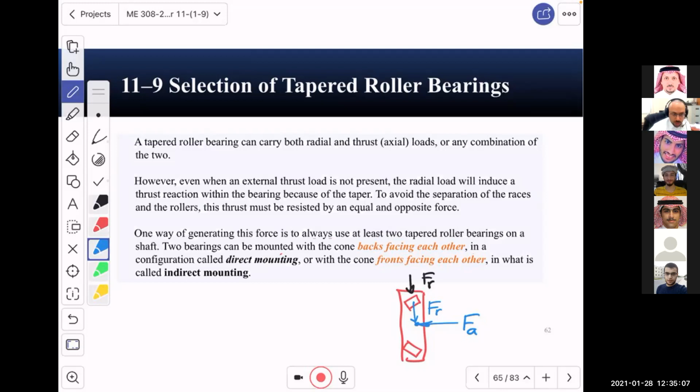Well, it turns out that the best way to deal with this is to mount 2 bearings in some sort of opposite way. So you don't put one bearing like this and then the other bearing exactly the same way. You have to put them in a way which we call, look at it.